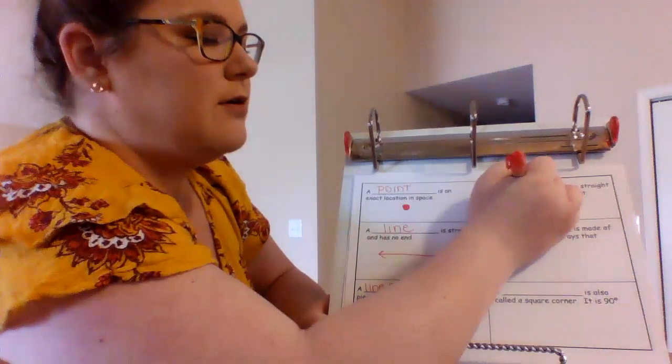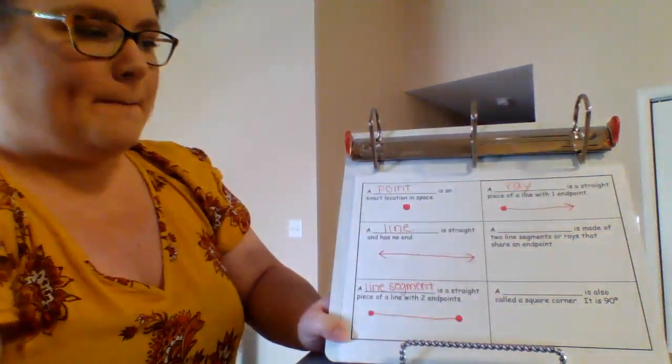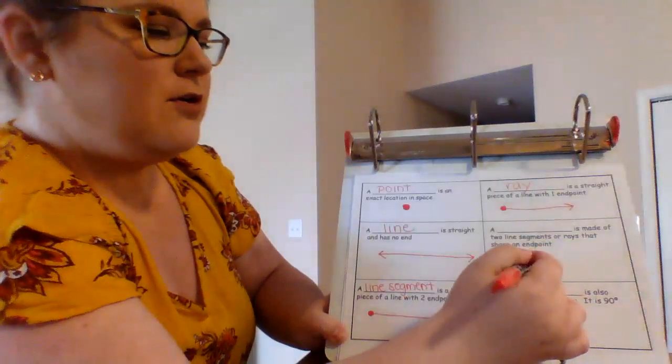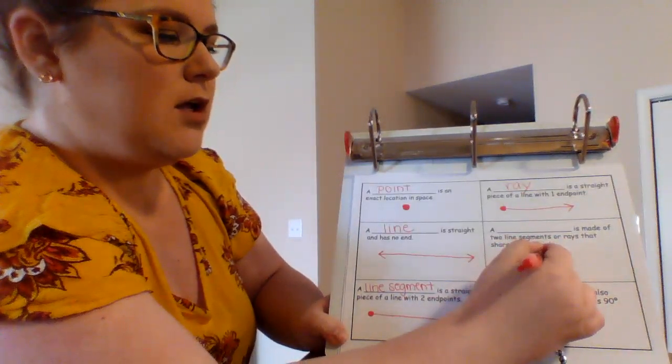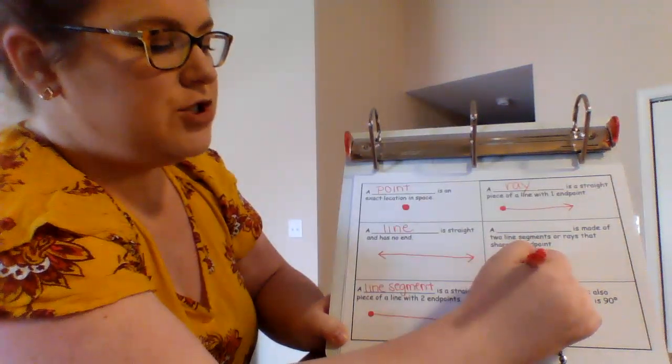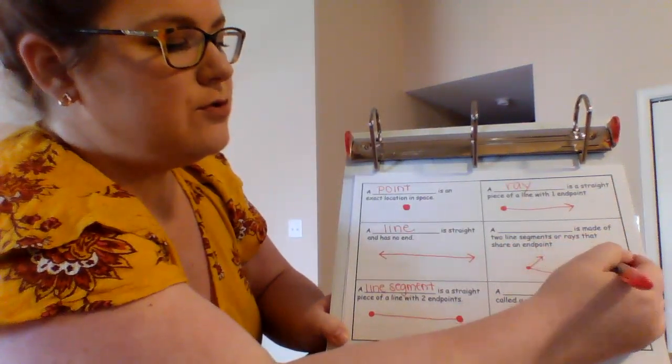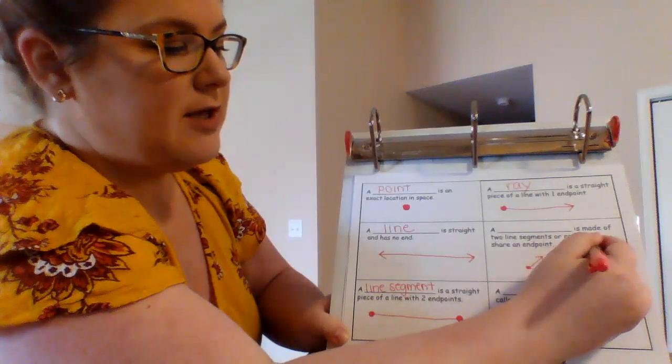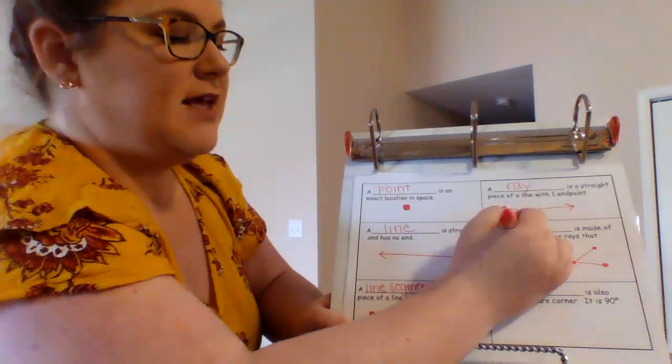That is our ray. Here we have when two rays share an endpoint, or when two line segments share an endpoint, that forms an angle.